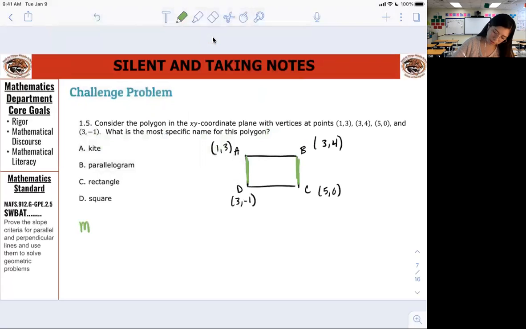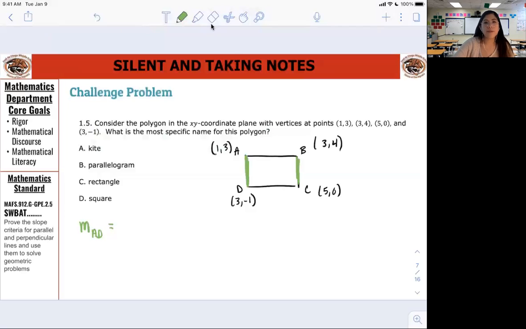What is the slope of AD? Who got that one? That is going to be -4 over... Well, wait. I did something wrong. Let me go check.